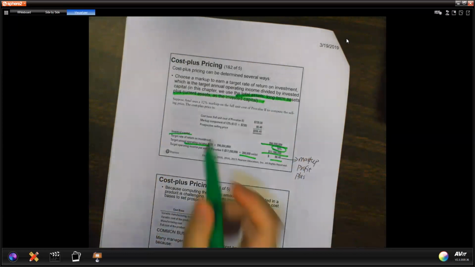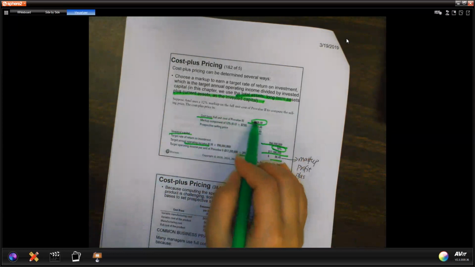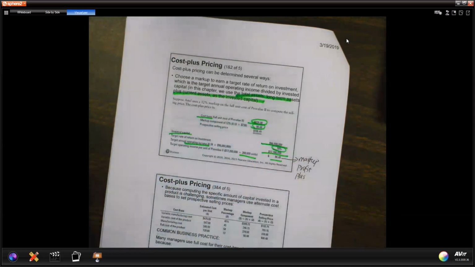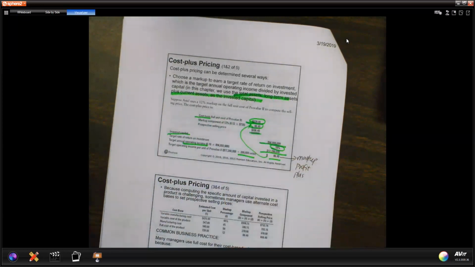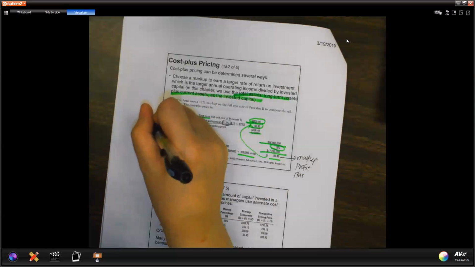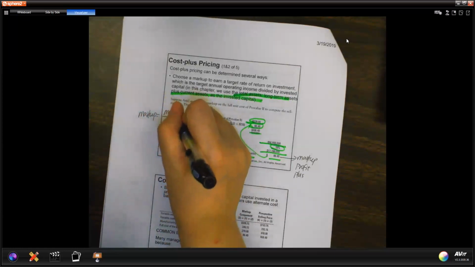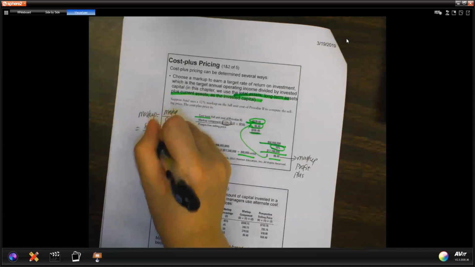So our cost is 720. Remember, our markup is 86.4. So we got our selling price will be 806.4. And we have our markup percentage, right? So markup percentage is your markup divided by your cost, which gives you 86.4 divided by 720.